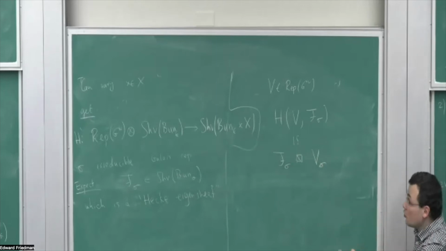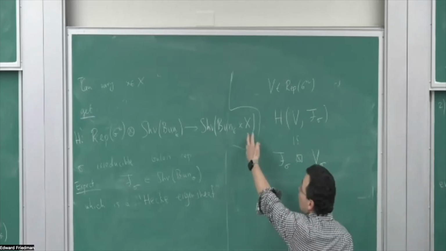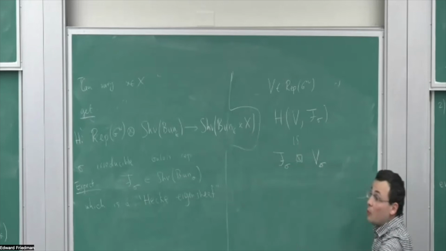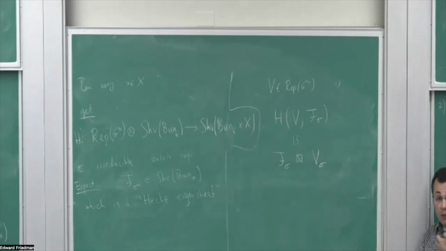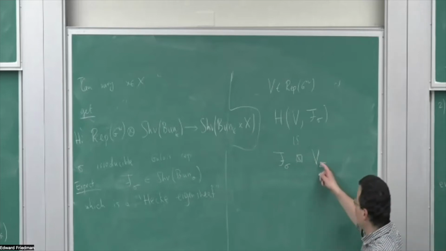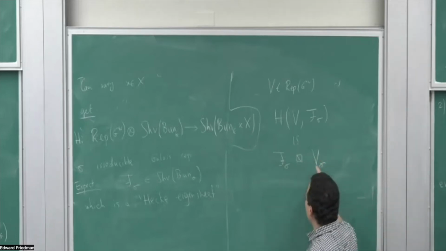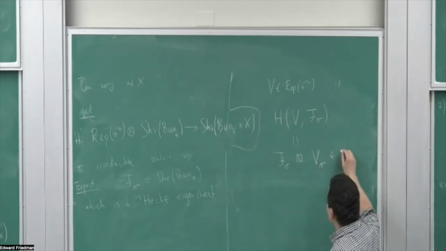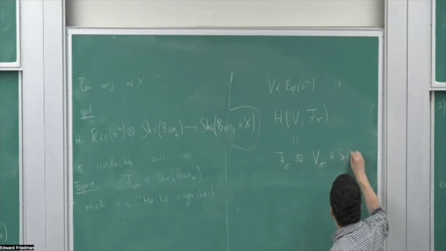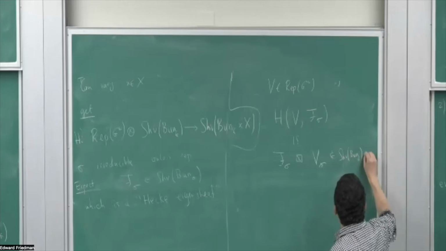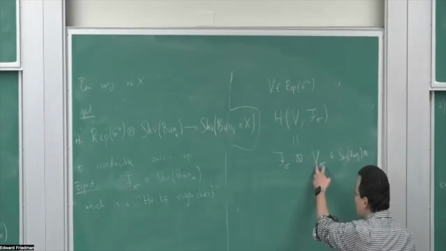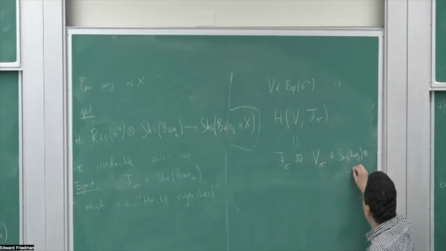So given a G check local system and a representation of G check, you can form the associated bundle, which will be a local system of vector spaces. This is this one. And so, well, you can take the box prime. This naturally lives in this particular is totally constant. So let me use the word these terms.